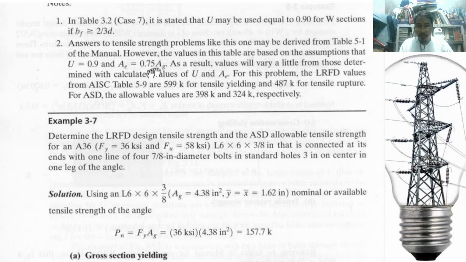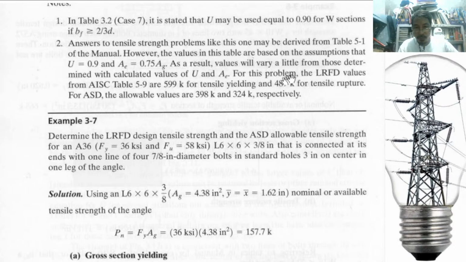Do you follow? If you calculate effective area with this code provision, it is actually different, because what we did was to multiply AG by 0.9. And 0.9 and 0.75 are not the same, so we will have different values.